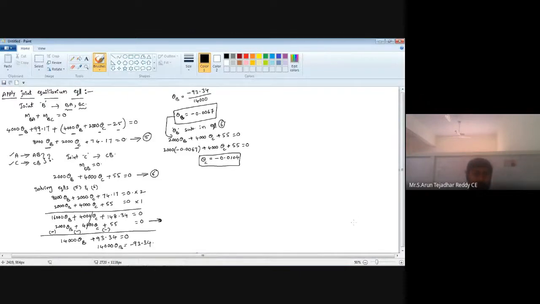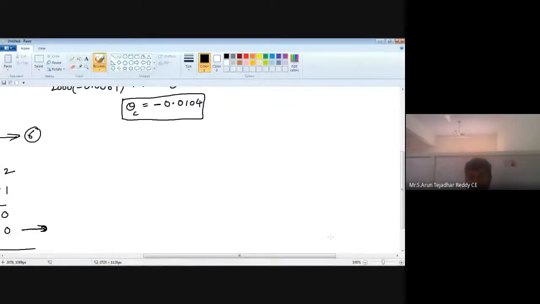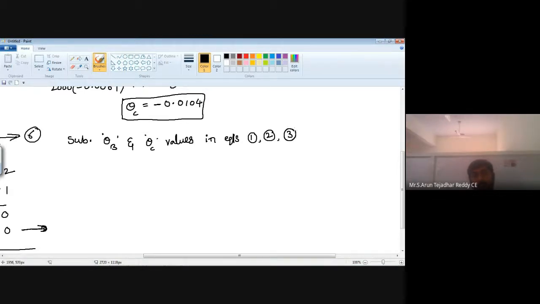Very simple. Whatever values we got here, that is theta B, theta C. See, I'll write clearly. Just listen carefully. Substitute theta B and theta C values in equations 1, 2, 3, 4.